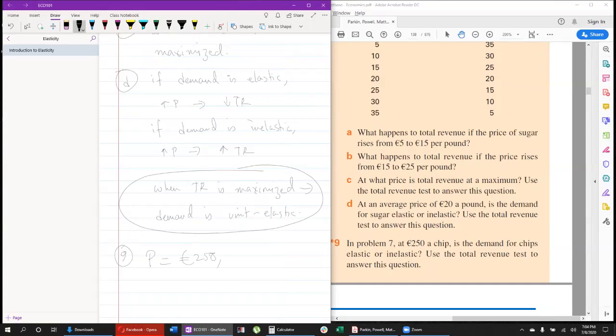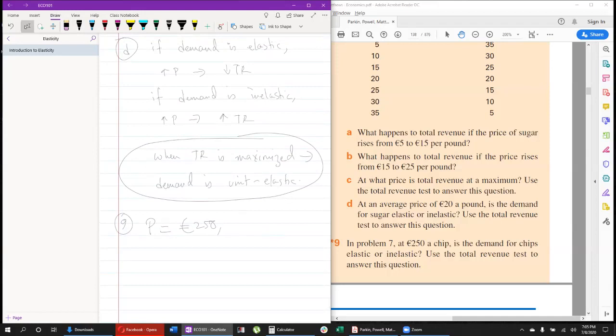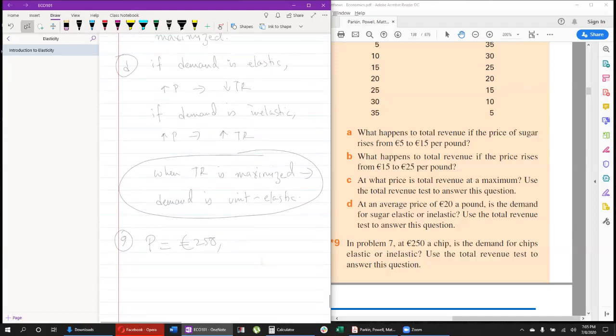I'm not going to explain in great detail, because I want you guys to think about it. But if you do the entire thing, what you are going to see is that at price 250, if price goes up, total revenue is going to go up.